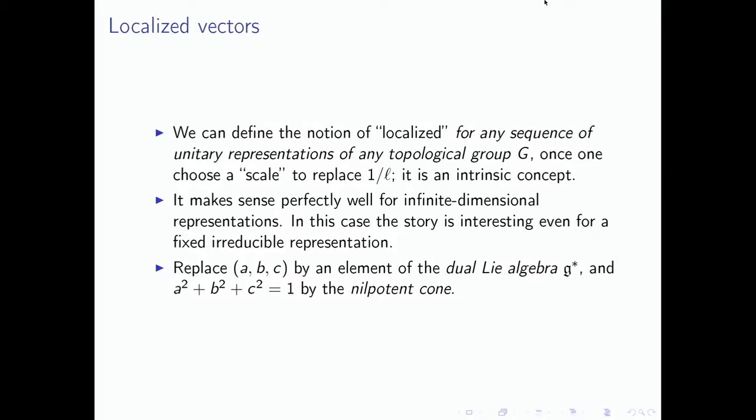And the role of this sphere, I said that if you localize on the sphere, it gets replaced by something called a nilpotent cone. So inside here, there's the cone of nilpotent elements. And if you localize, you have to be nilpotent. The only possible places to localize are nilpotent places. I'm not explaining why that's true, but it's not very hard to prove.